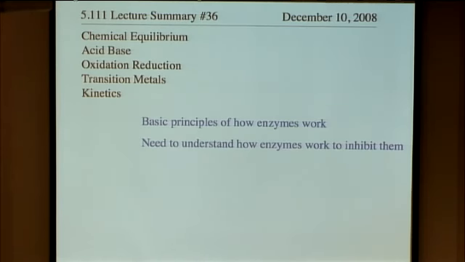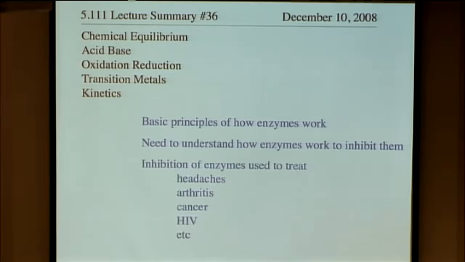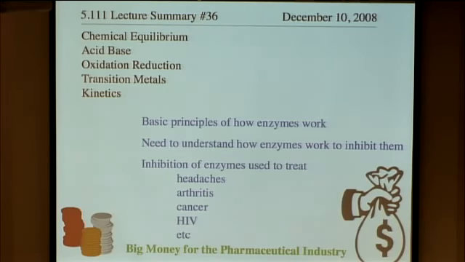We talked last time about one reason why you care about understanding how an enzyme works: a lot of people want to inhibit enzymes. Why would you want to inhibit enzymes? Because inhibiting enzymes is very useful to treat a bunch of things. A number of you will, in the next week, I'm pretty sure, be interested in ways to inhibit enzymes to prevent or decrease headaches.